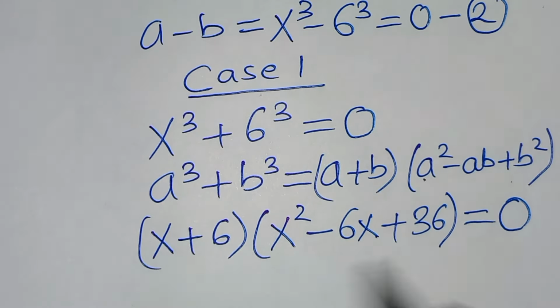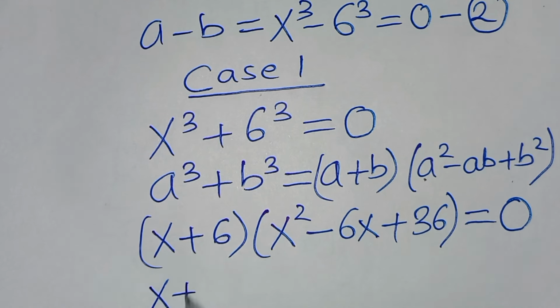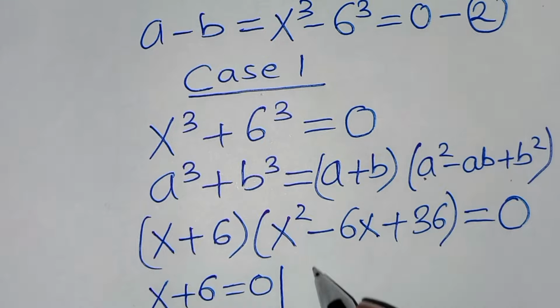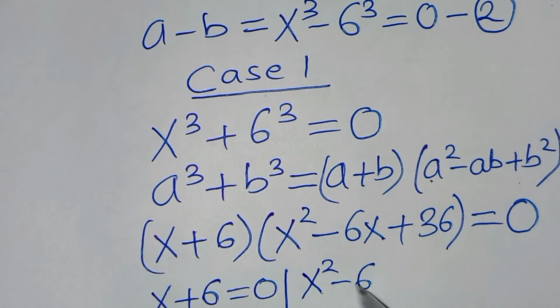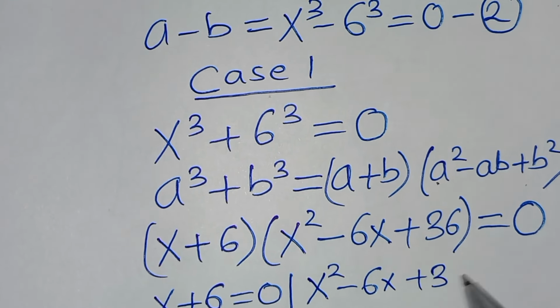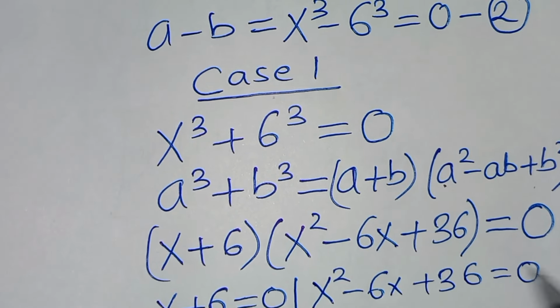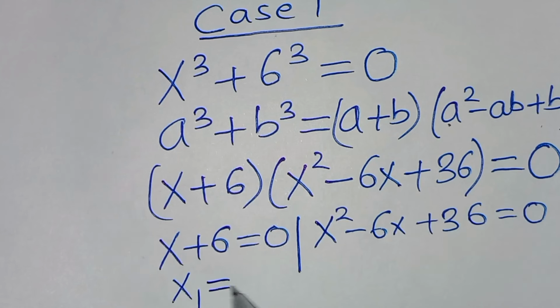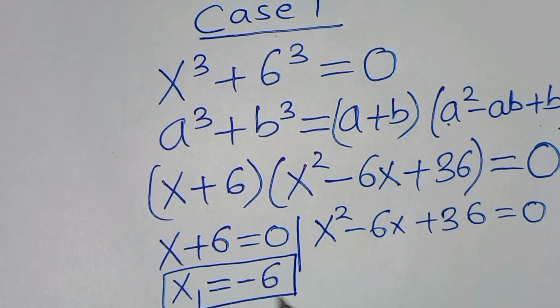This implies we have two parts here. The first part is x plus 6, which is equal to 0. The second part is x squared minus 6x plus 36, equal to 0. So x1 is equal to minus 6. This is the first real solution.